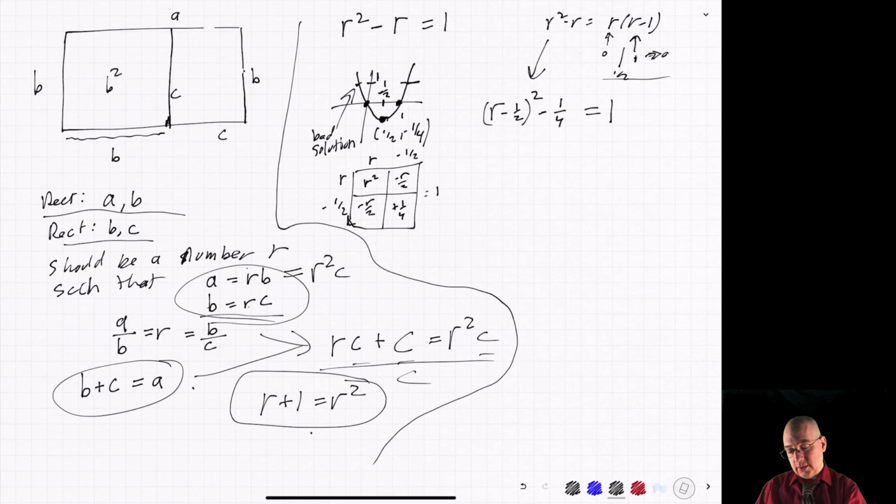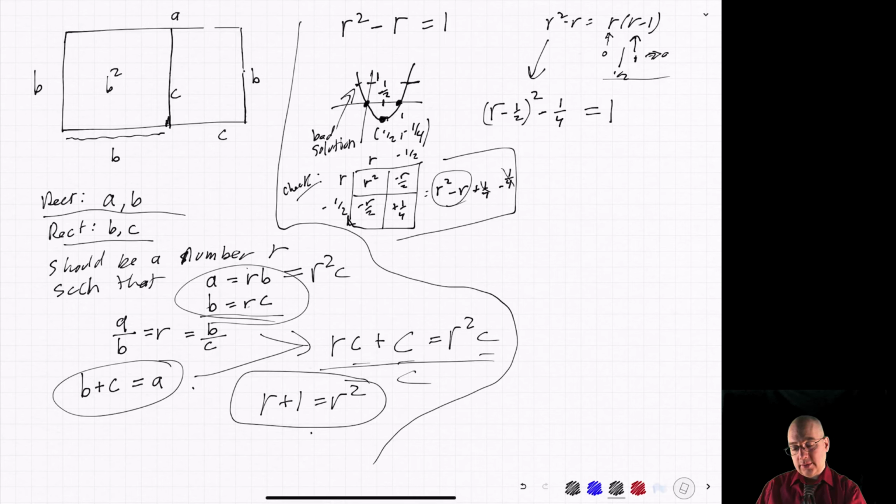Sum that up, I get r squared minus r, and a plus 1/4. And then I have, of course, this minus 1/4 here. So that cancels, and I'm left with r squared minus r. So I'm good. Excellent. It's just a little check.